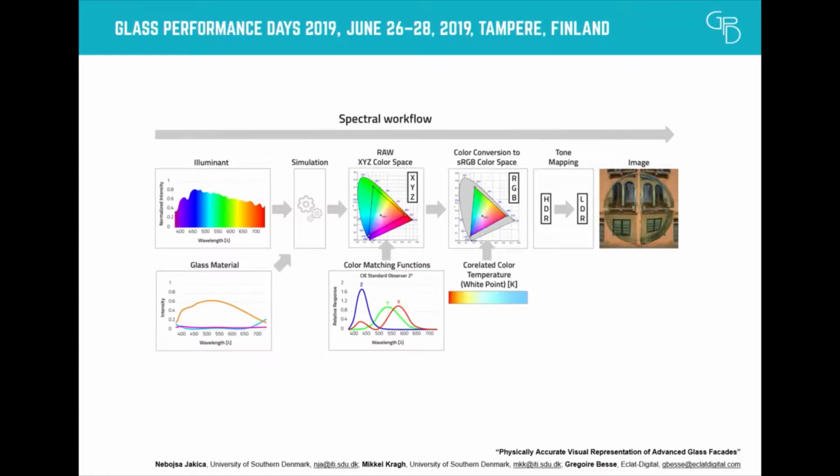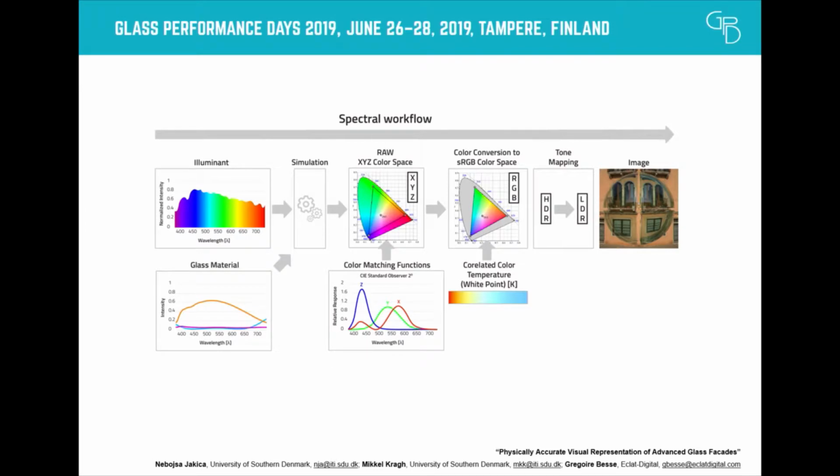And these slides, this one and the one after, show two different workflows when it comes to light management and color management. Basically you have two workflows: one is spectral, the other one is RGB, so three stimulus value simulations.